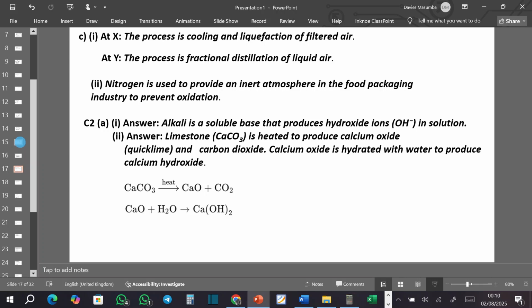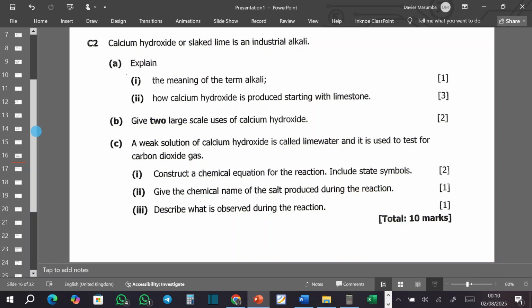When we move on to these other questions, like C2: calcium hydroxide or slaked lime is an industrial alkali. A, Roman numeral 1, explain the meaning of the term alkali.